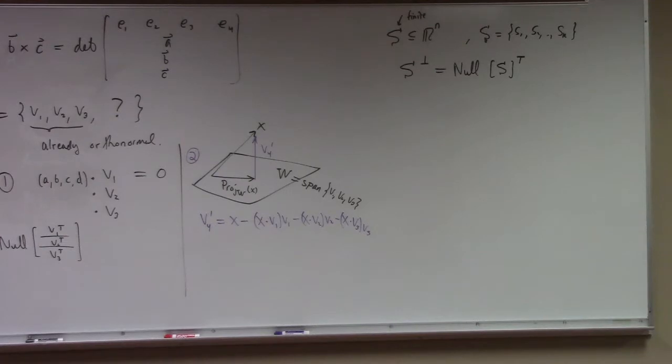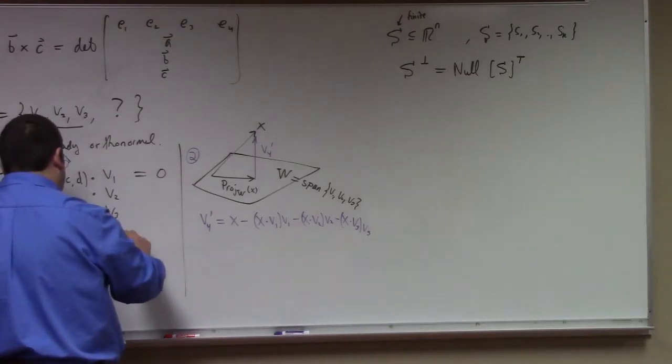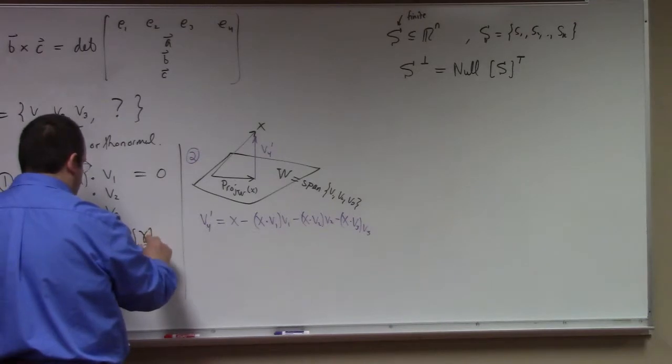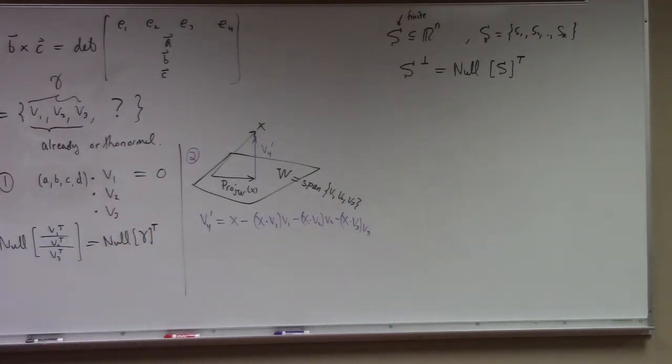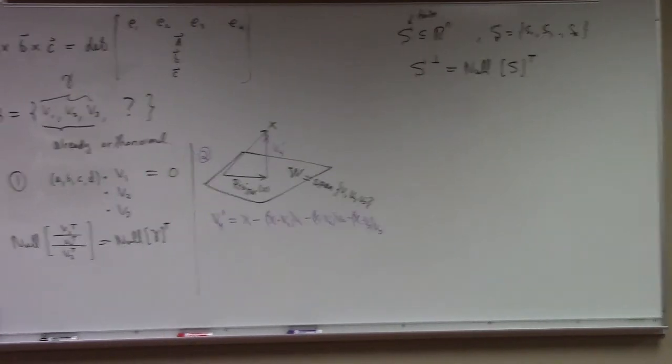But check it out, that's nothing more than the null space of, say, gamma transpose, if I think of these first 3 as being gamma. But Gram-Schmidt's also a useful tool.